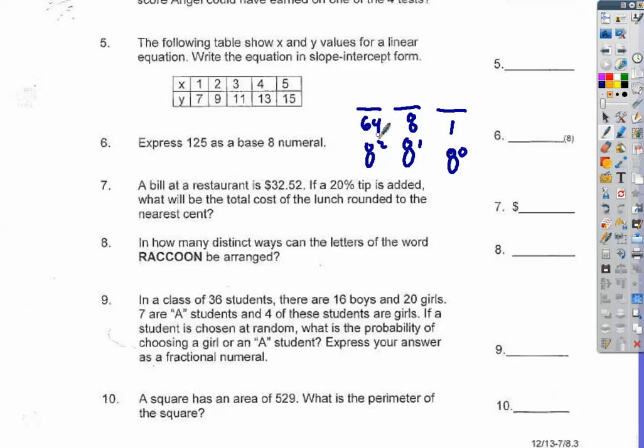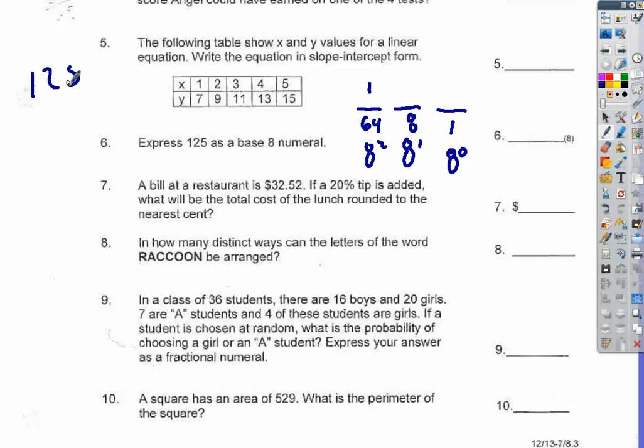So how many 64s go into 125? Well, 3 is going to go too high, so it's going to have to be 1. 2 times 64 is 128, so that is too big even. So 1 64 goes into 125.